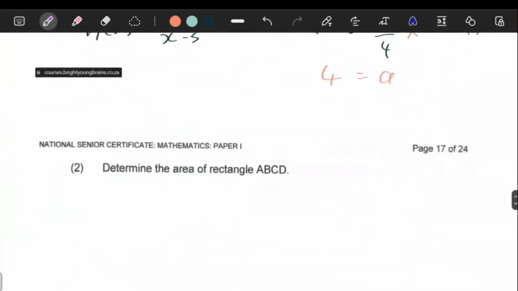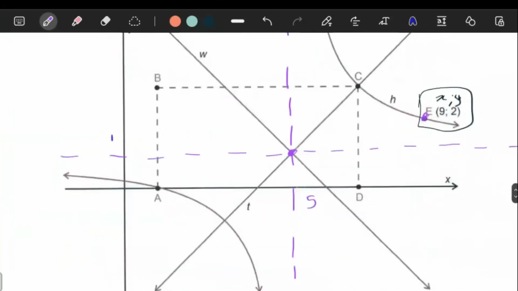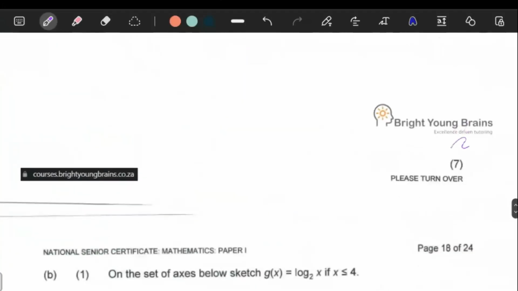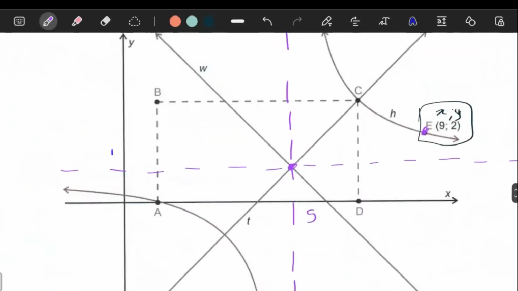If you're going to get the area of rectangle ABCD, you may think to yourself, okay, we need dimensions. This is not a difficult question, it's just a question where you have to do a lot of writing. If you get the distance of AD and the distance of CD, you're done.